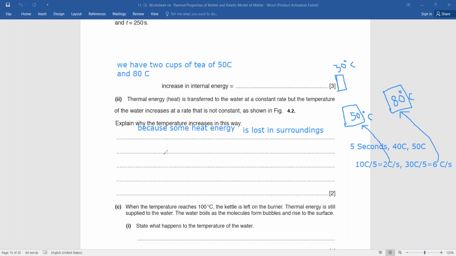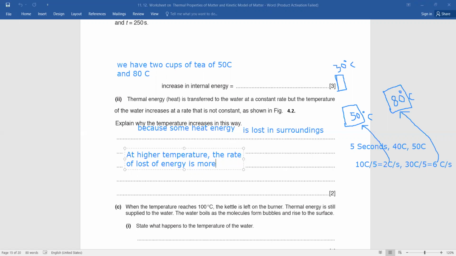And the sum I am writing. Here is the note: at higher temperature, the rate of loss of energy is more.